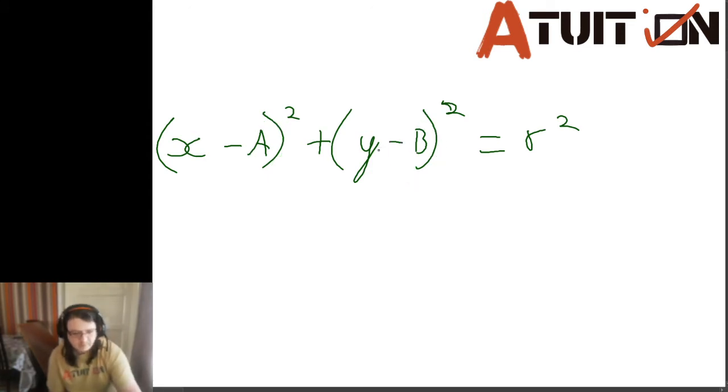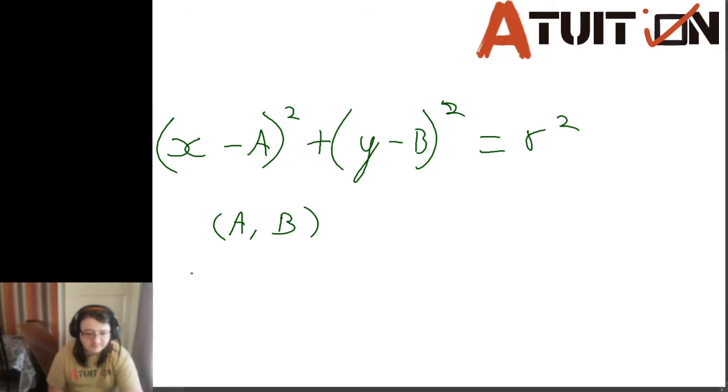Notice that we've got minus signs here, so it's the negative of whatever this number and this number would be. If this was (x plus 10) squared, then the x coordinate for the center of the circle would be the negative of plus 10, which is minus 10. If it's a minus, then the x coordinate for the center would be positive. So the coordinates for the center of this circle would be (a, b).